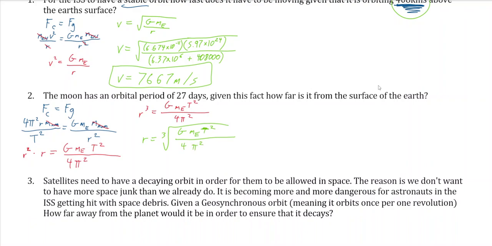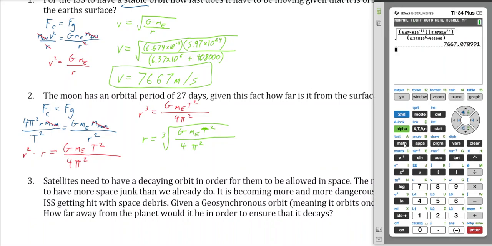So this is going to be a little bit of a process here in the calculator, but follow along and you will hopefully understand. So we've got the cube root. We've got the fraction, 6.67 times 10 to the negative 11, times the mass of Earth, which is 5.97 times 10 to the 24, times the time, which is 27 days, but there are 24 hours per day, and there are 60 minutes per hour and 60 seconds per minute.